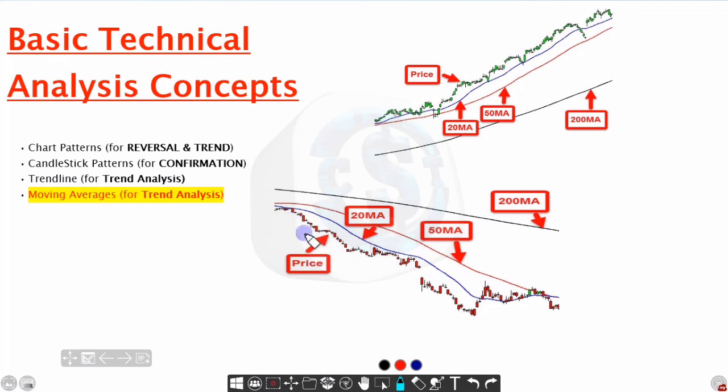The momentum was very, very strong. But look at what happened here. When the momentum slowed down, you can see the moving averages beginning to come back together. So when the moving averages are moving away from each other and sloping upwards or downwards, that means the trend is quite strong.